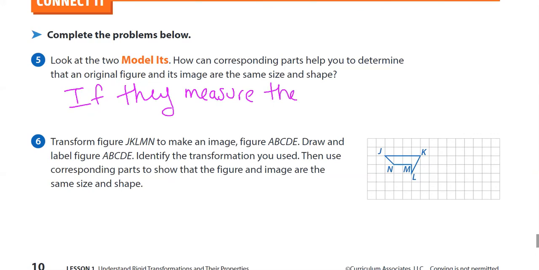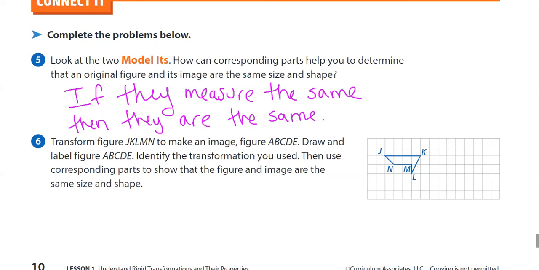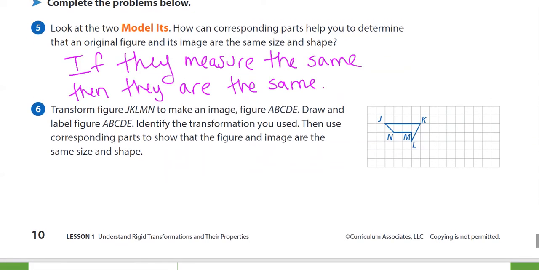You can measure them both. I don't know if you have a protractor handy for the angles. We could write this out a little more robustly by saying if the corresponding sides and corresponding angles all measure the same, then the figures are the same size and shape.